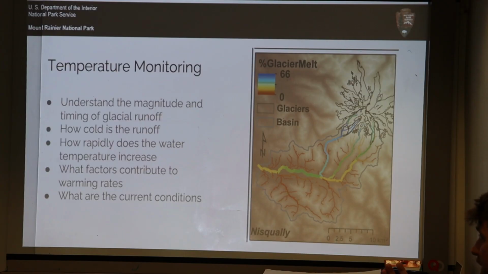We're trying to create a database that we could then create different temperature models from, but also just monitor the overall water temperature as temperatures are warming in the face of climate change, and see how that is affecting those different temperatures.